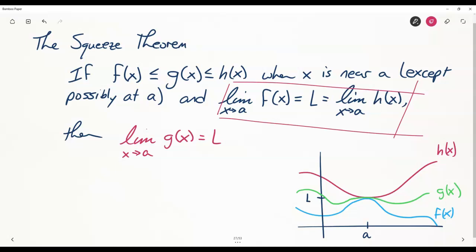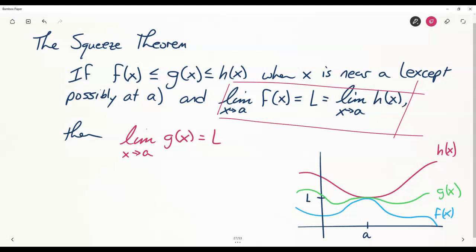So if g of x is locked in between those two functions, and the two functions that were bounding it pinch down to a single point, the only place for g of x to go is straight through that same value that f of x and h of x pass through.